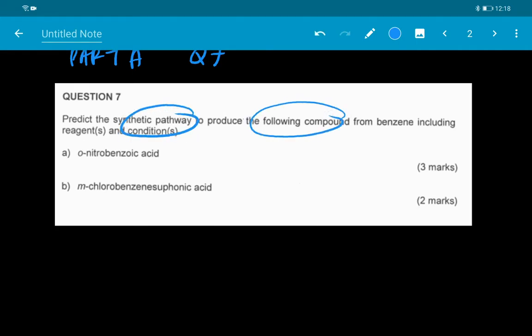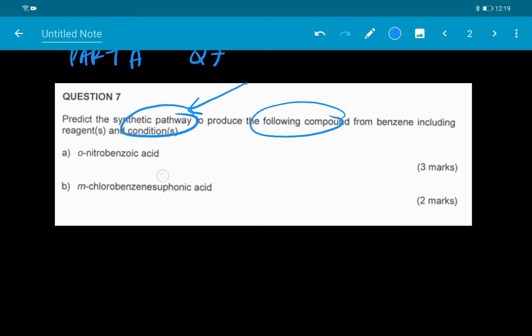So basically, this question would like to look at the synthetic sequences, right? However, it is important for you guys to identify the benzene derivative that we are looking for.